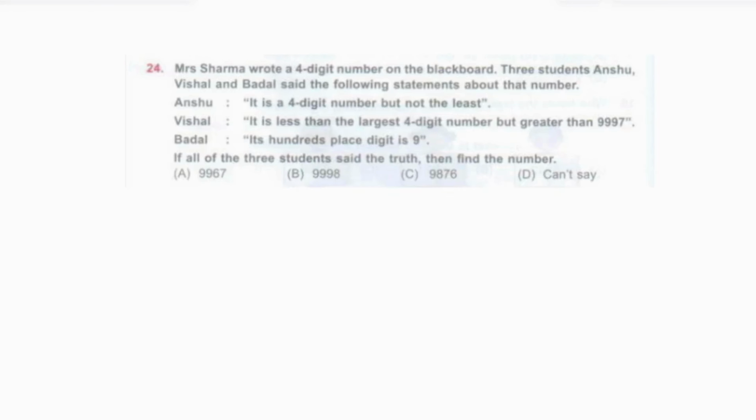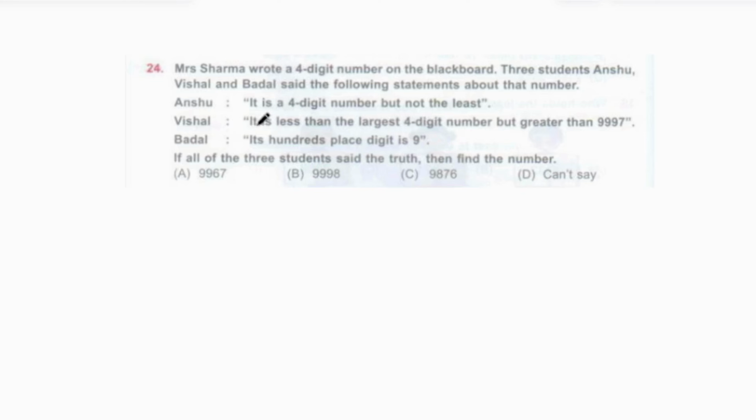It's time to solve question number 24. So let's look at question number 24. Mrs. Sharma wrote a 4-digit number on the blackboard. 3 students, Anshu, Vishal and Badal, said the following statements about the number. What did Anshu say? Anshu said, it is a 4-digit number but not the least.